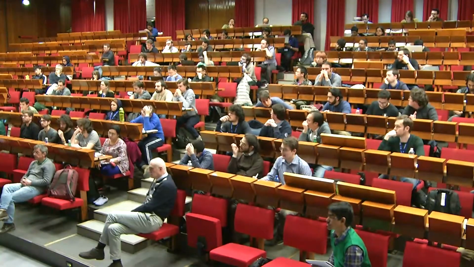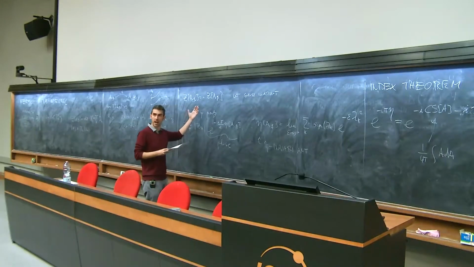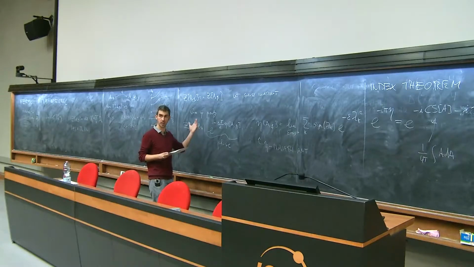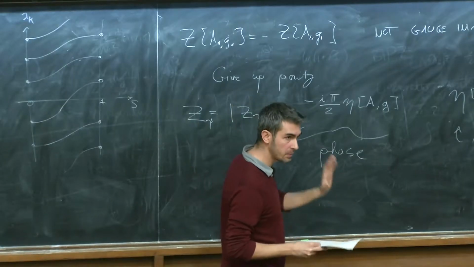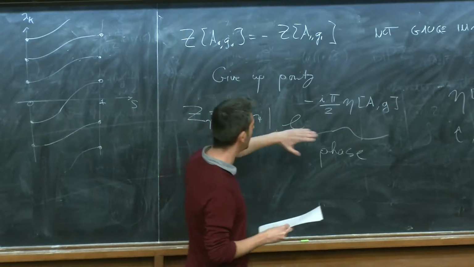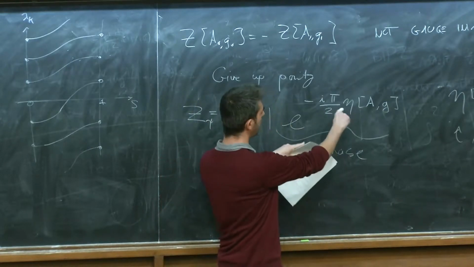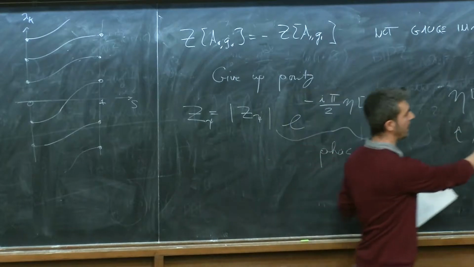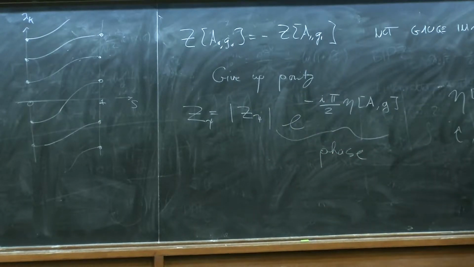Yes, as I said, there is no way of having both a real partition function and a gauge invariant partition function. So we insist on gauge invariance because we want to gauge. So we give up the fact that it is real, and we introduce a phase. We still want the property that, depending on the sign of the eigenvalue, we get plus or minus 1.